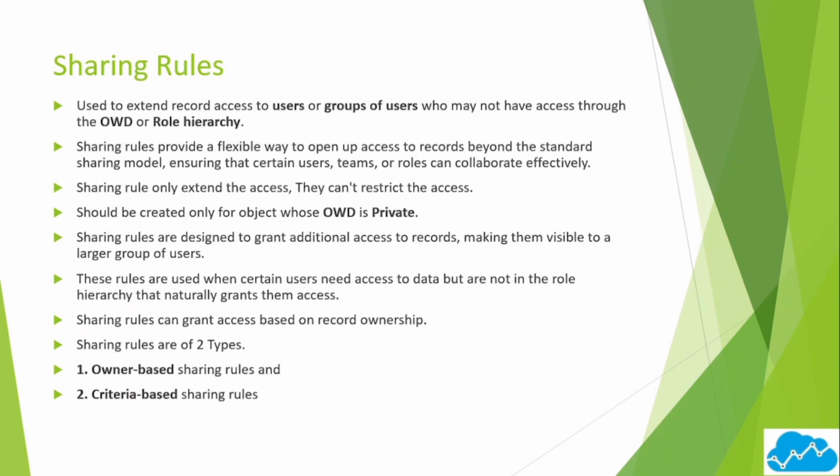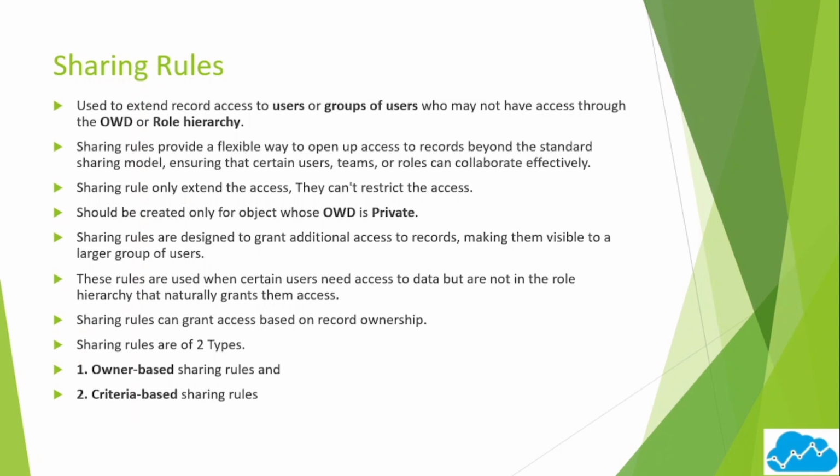These rules are used when certain users need access to data but are not in the role hierarchy that naturally grants them access. If it is not possible with the role hierarchy, then we use sharing rules. Sharing rules can grant access based on record ownership. They are of two types, owner based sharing rule and criteria based sharing rule.